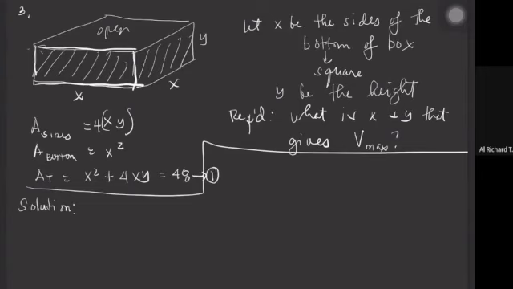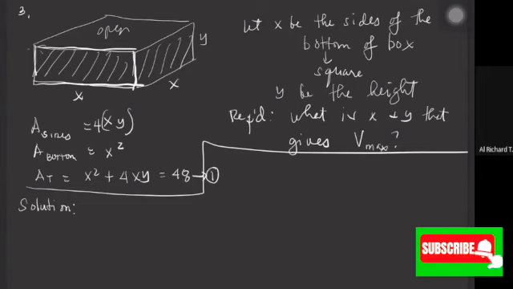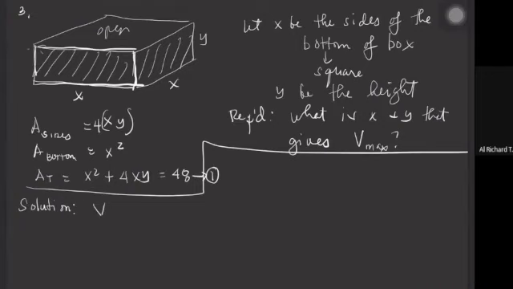And our equation 2, what's our working equation? What's the volume of this box? The volume of the box is length times width times height. In this problem, the volume is x times x times y. This means x squared y.